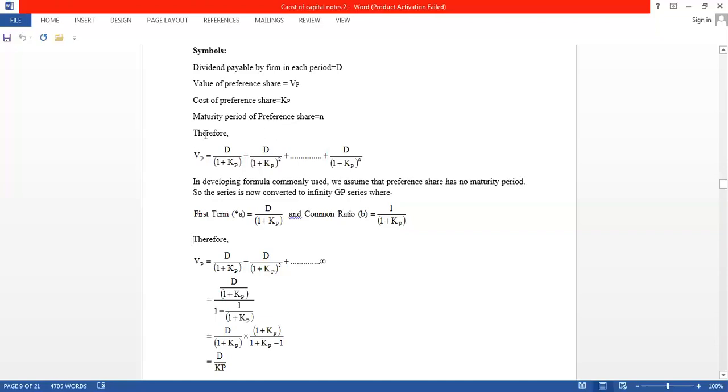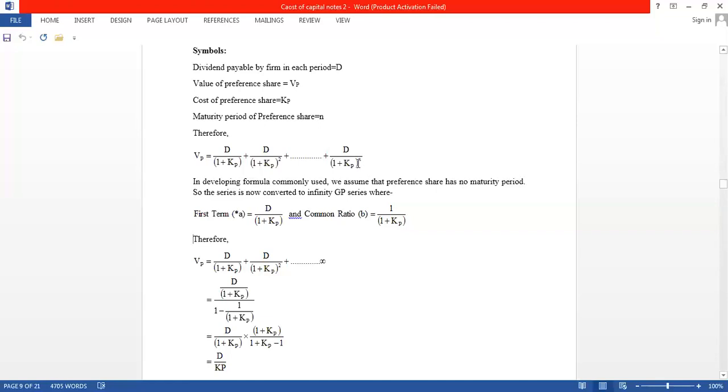Therefore, applying this particular concept, we can say that value of the preference share is the sum of the present value of the dividend, that is D by 1 plus Kp, plus D by 1 plus Kp squared, up to D by 1 plus Kp to the power n. Now for generalizing the formula, like cost of debt capital, we will assume that the maturity period is infinity.